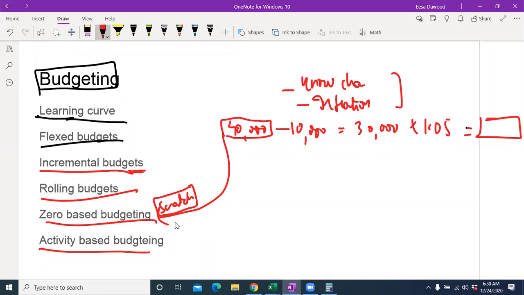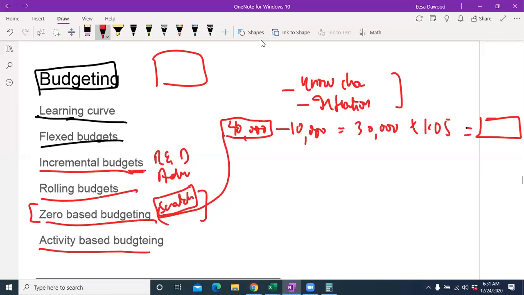So zero-based budget actually starts from scratch. It is best used for, for example, your discretionary expenditure like your research and development costs, your advertisement costs. Usually labor cost doesn't really change. Starting a budget from a blank paper consumes a lot of time rather than just adding the increments on top of that. So zero-based budget starts from scratch, but it is more time consuming.